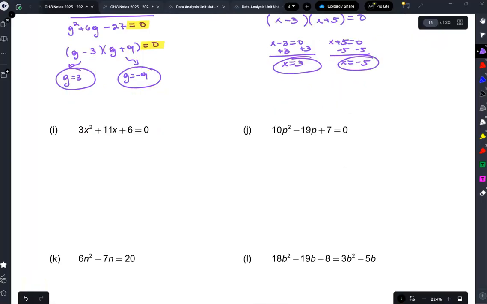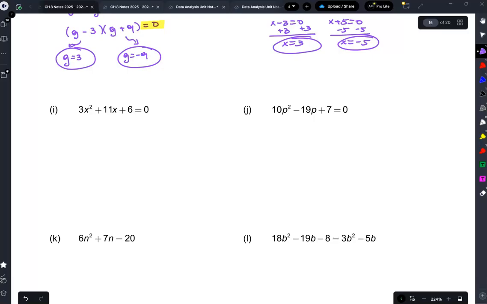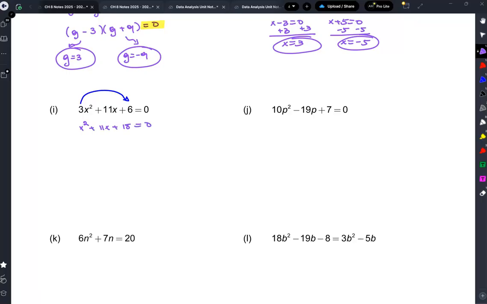Next one, for I, is there a GCF we can factor out? No GCF. So I need to factor this, right? Remember how I taught you last time? Multiply this to this. So I get x squared plus 11x plus 18. What two numbers give us positive 18 and positive 11?